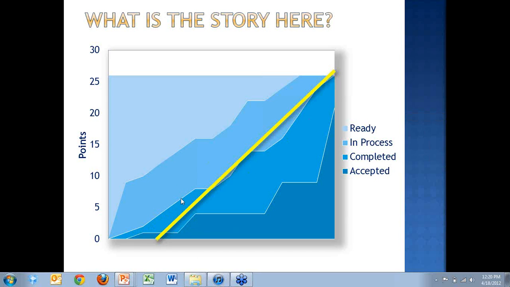This is what I mean by the stair step. If you look at this slide, and if you happen to have wandered away for a second, please come back and take a look at this slide, because this slide will show you the stair step that I'm talking about. You see on your cumulative flow a pattern that looks like this, where the team is completing work on a pretty good basis.